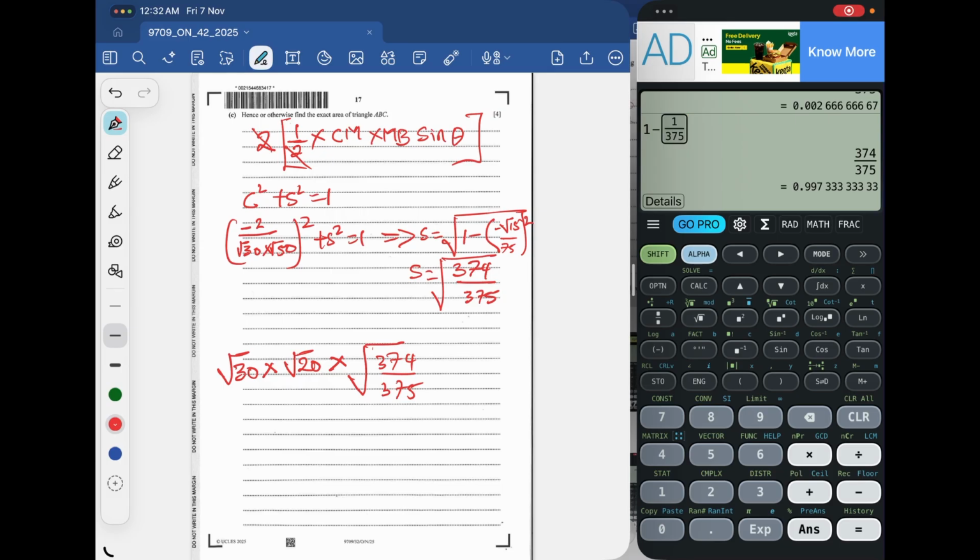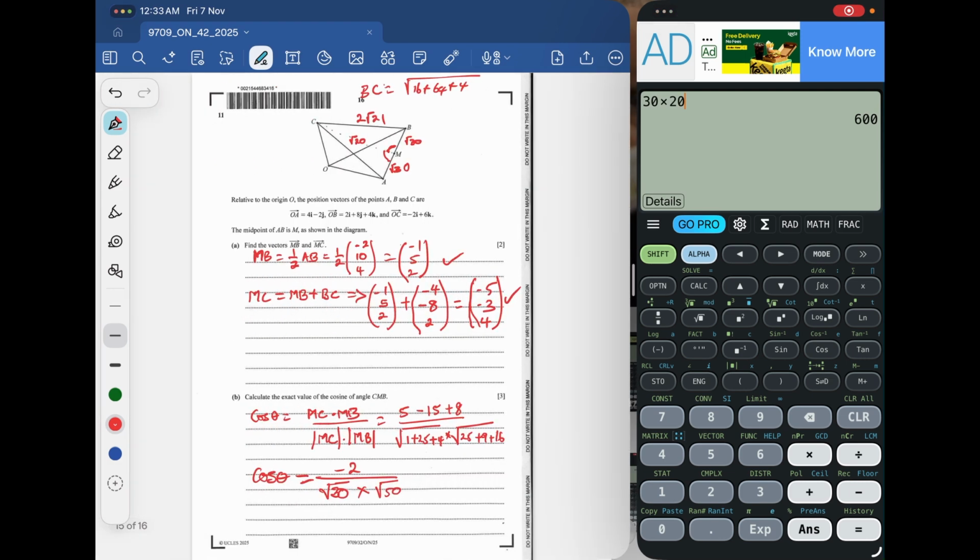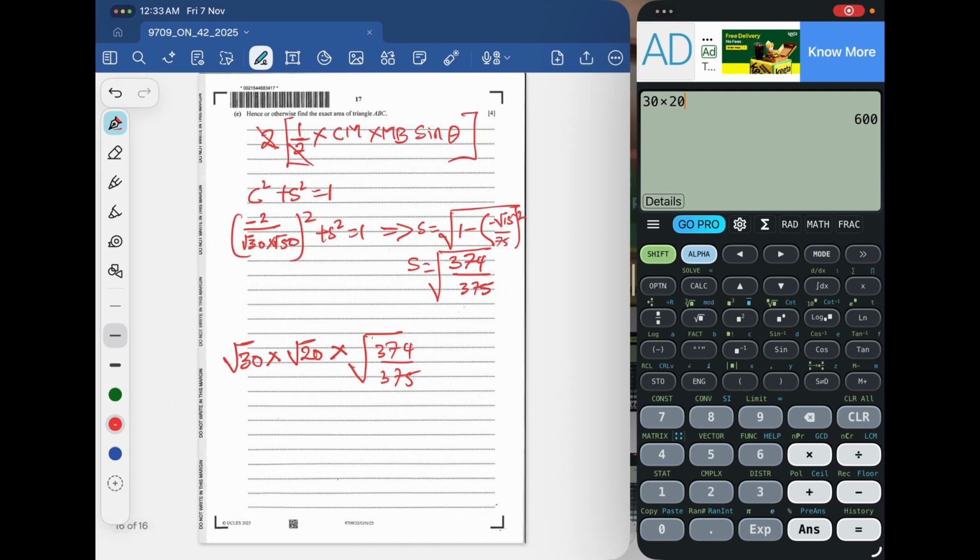Okay, now how do we simplify this? So 30 times 20, that is 50.